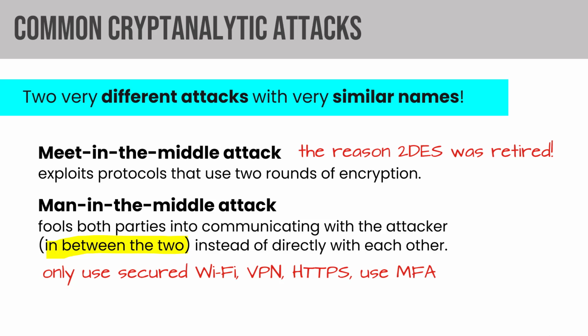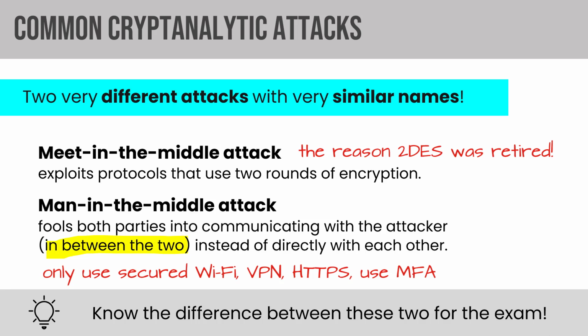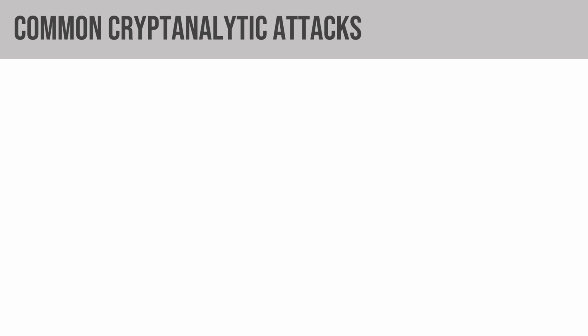You can use secure HTTP, MFA, really anything that adds authentication or encryption to the scenario, right? But know the difference between these two for the exam. Know which is which.